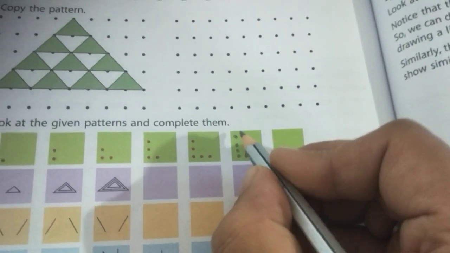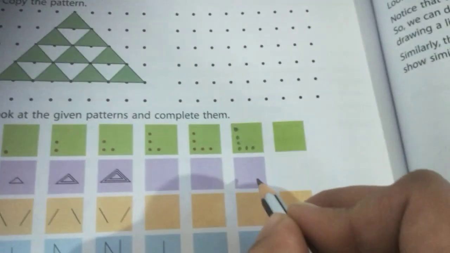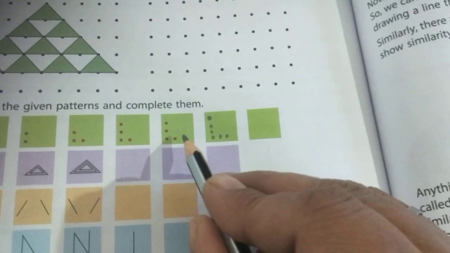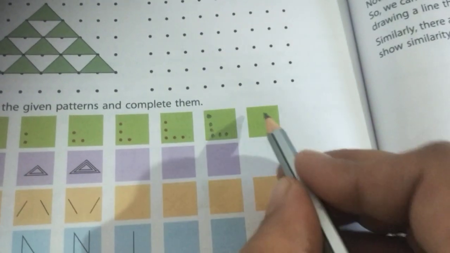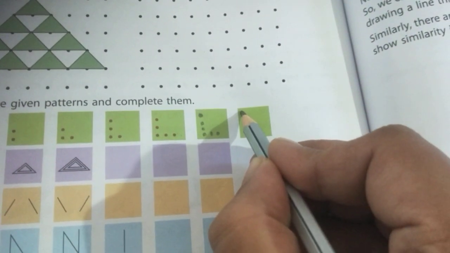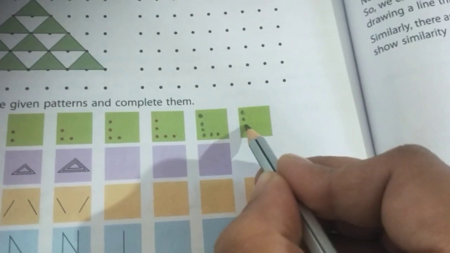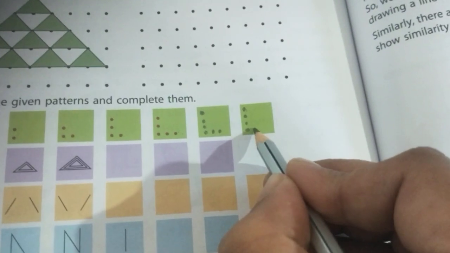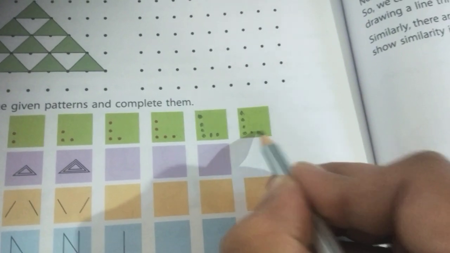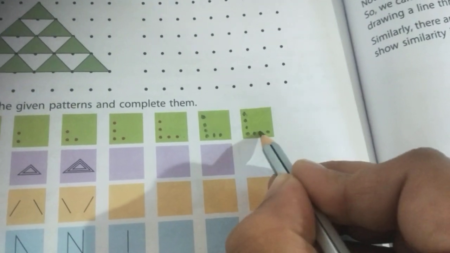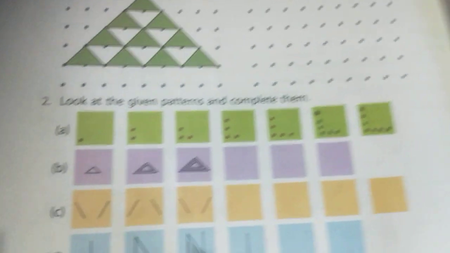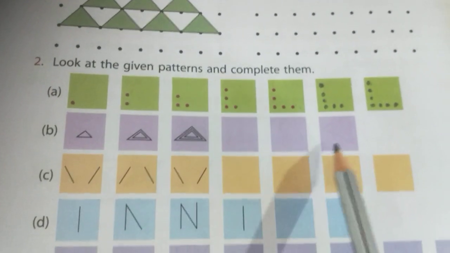Now in the seventh box you will add one more dot, but in the horizontal line. 1, 2, 3, 4. You have already got 4 dots over here. Now you will add one more dot in the horizontal line. So similarly you have to observe the patterns carefully and complete these questions.